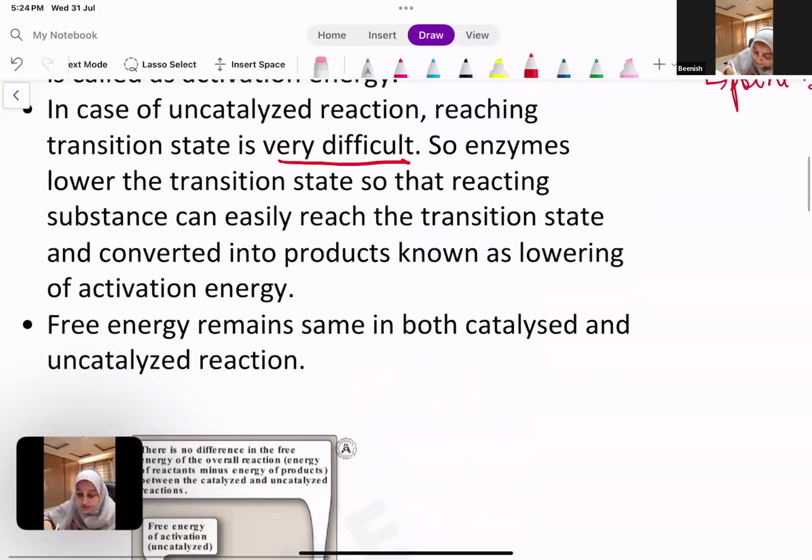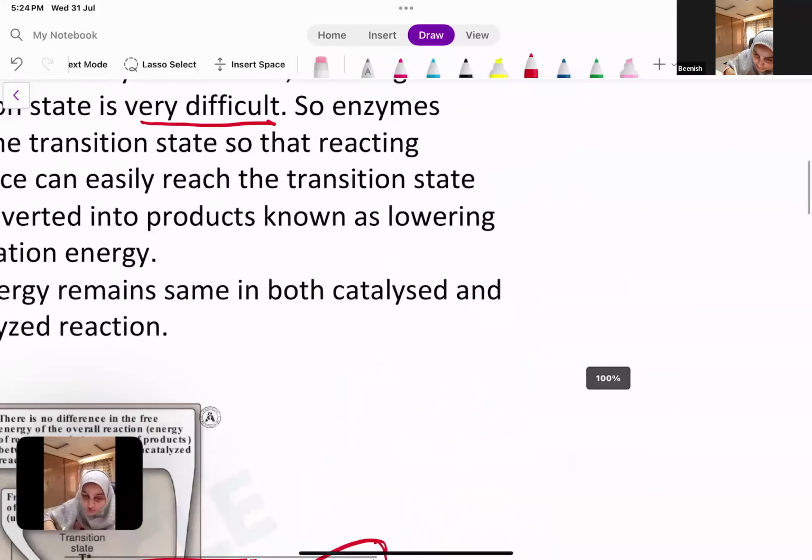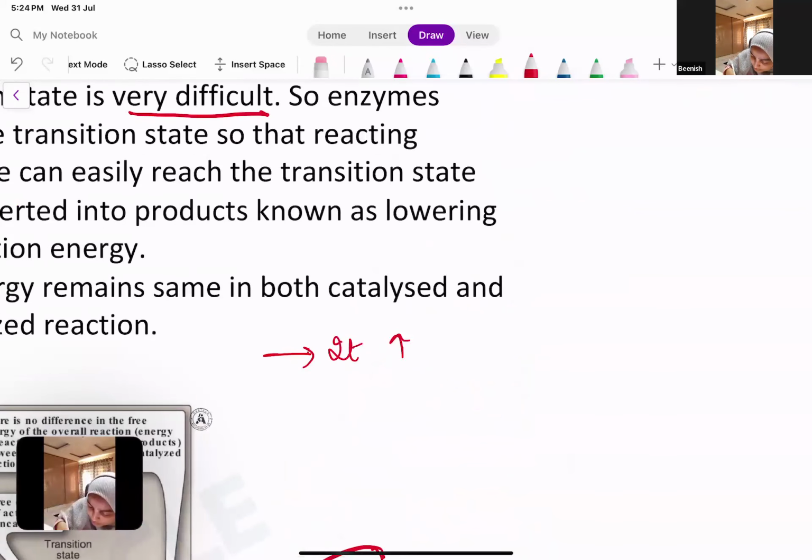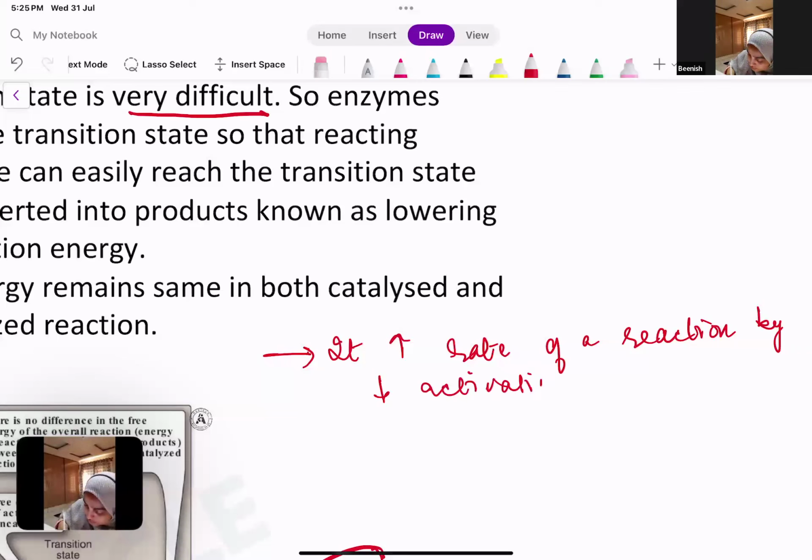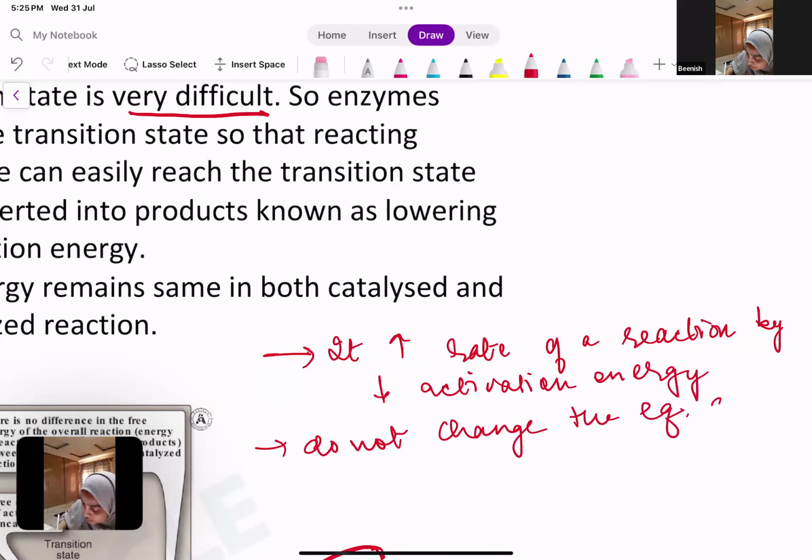So always remember that enzymes only increase the rate of a reaction by lowering the activation energy, but they do not change the equilibrium state or the free energy of the reaction.